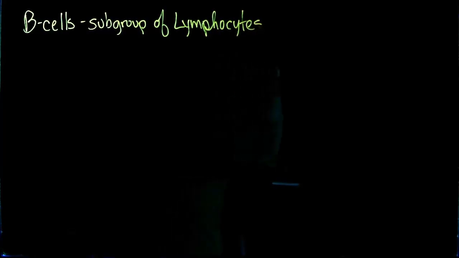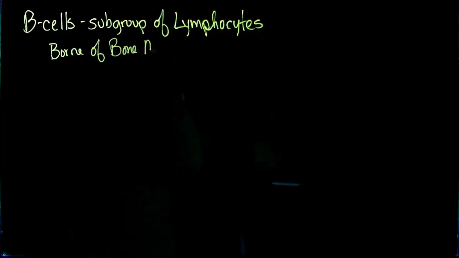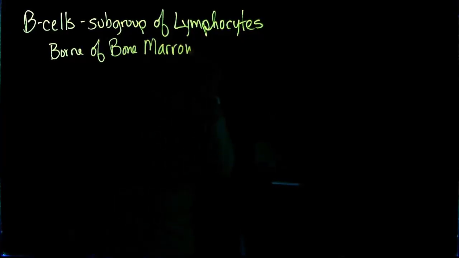Okay, for this discussion, we are going to remind ourselves that B cells are a type of lymphocyte, so a subgroup of lymphocytes, and they are named B cells because they are born of the bone marrow, as are all blood cells.